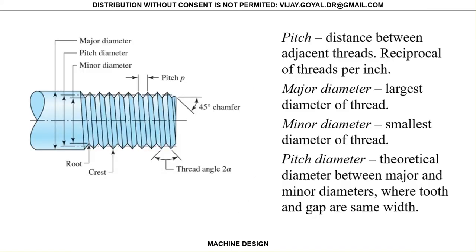Now, to give some definitions, which are important in this discussion. First of all, you have three different diameters here. The major diameter, typically we use the letter D. The minor diameter is DR, the root diameter, which goes from the inner part of the thread to the inner part of the thread.